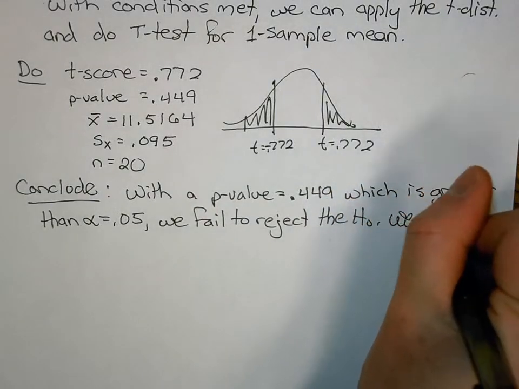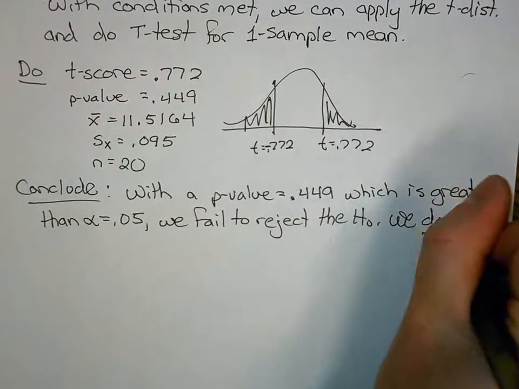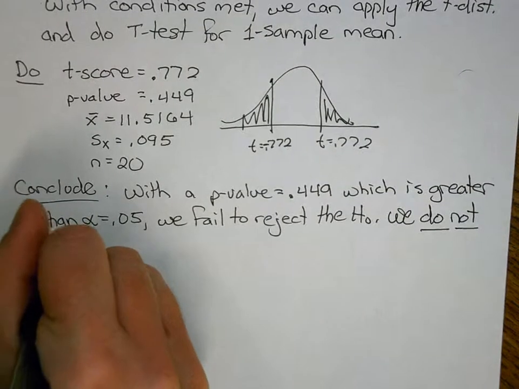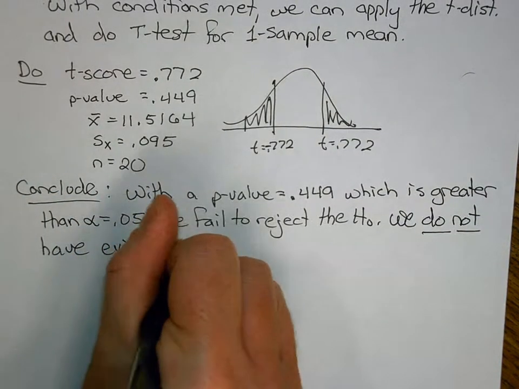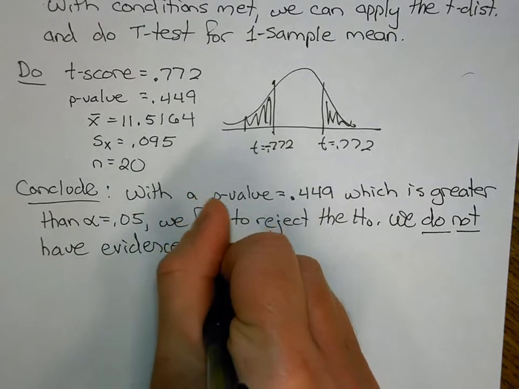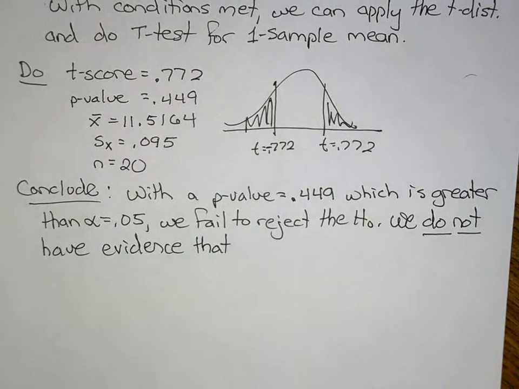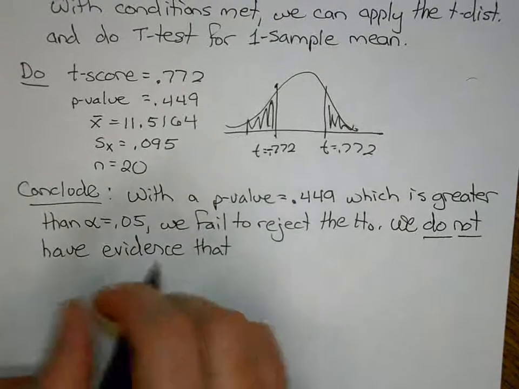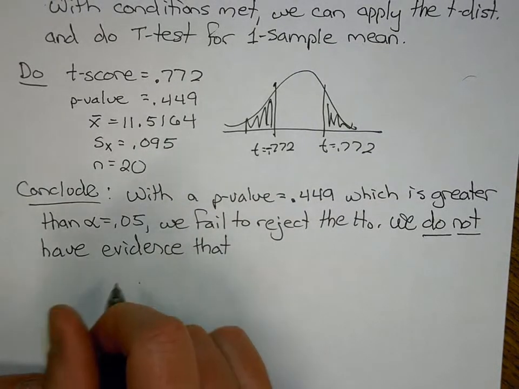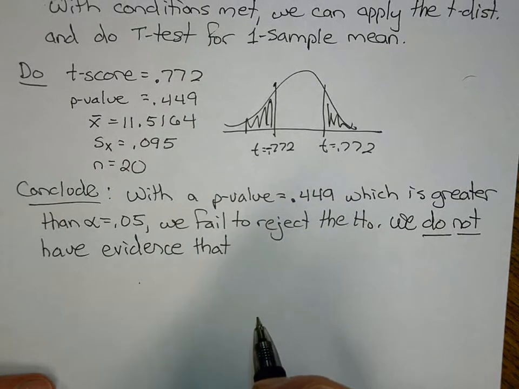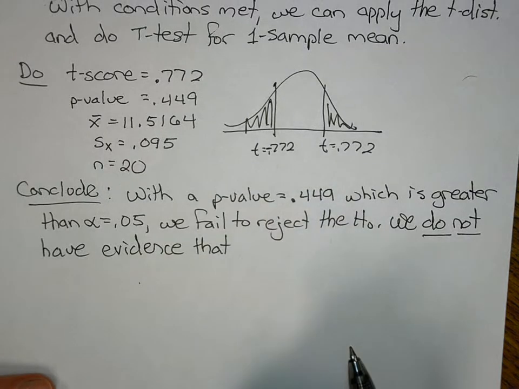We do not have evidence that, and remember, you can cheat for this part and look back at the actual question. A lot of times they spell it out for you, and they do. It says, is there convincing evidence at the 5% level that the mean hardness of the tablets differs from the target value?